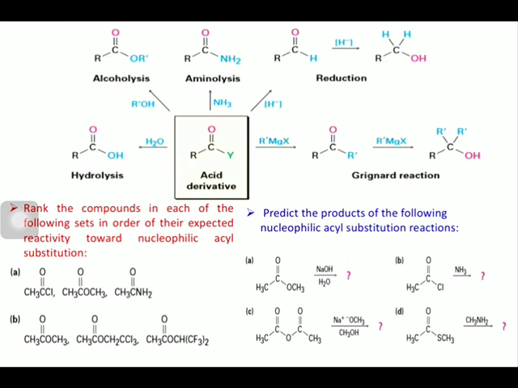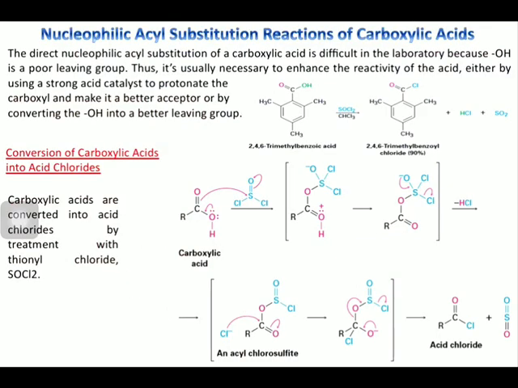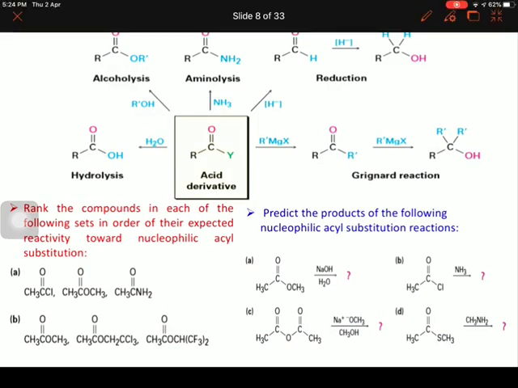The reactions of carboxylic acid derivatives. In general, the first one: if we have this compound as an acid halide, X, it is hydrolyzed with water to get the carboxylic acid.